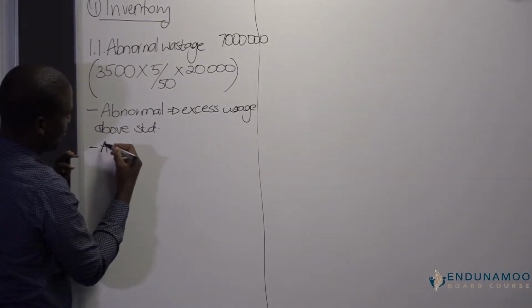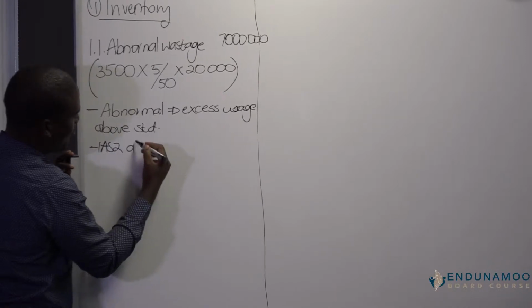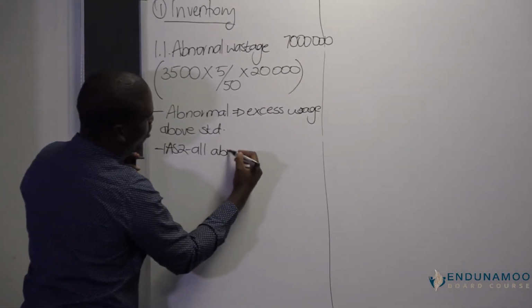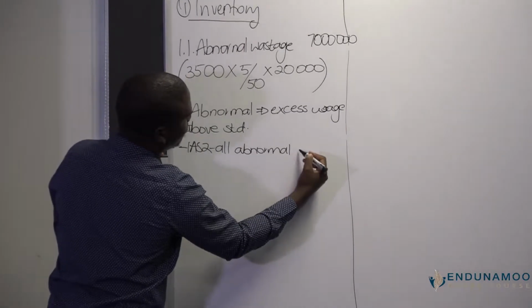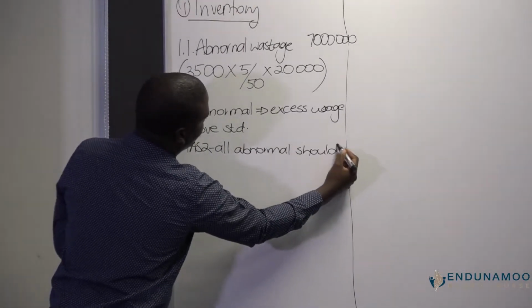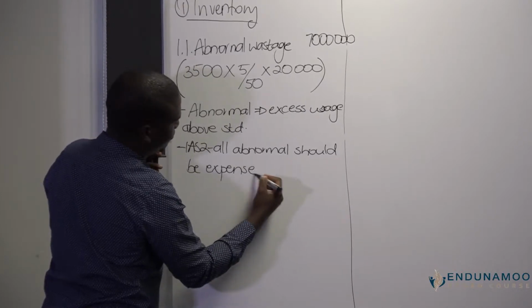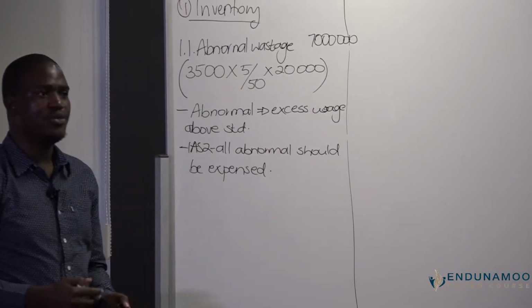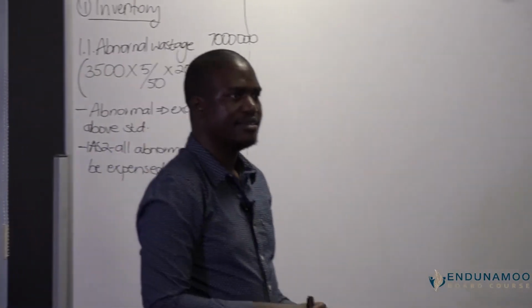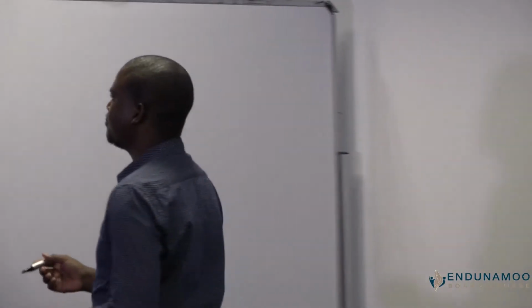And IAS 2 says that all abnormal wastage should be expensed. So that is why you are doing that. That is the first thing, not the only thing. The entire abnormal wastage, none of it should be sitting in closing stock, all of it should be expensed as and when it gets incurred.